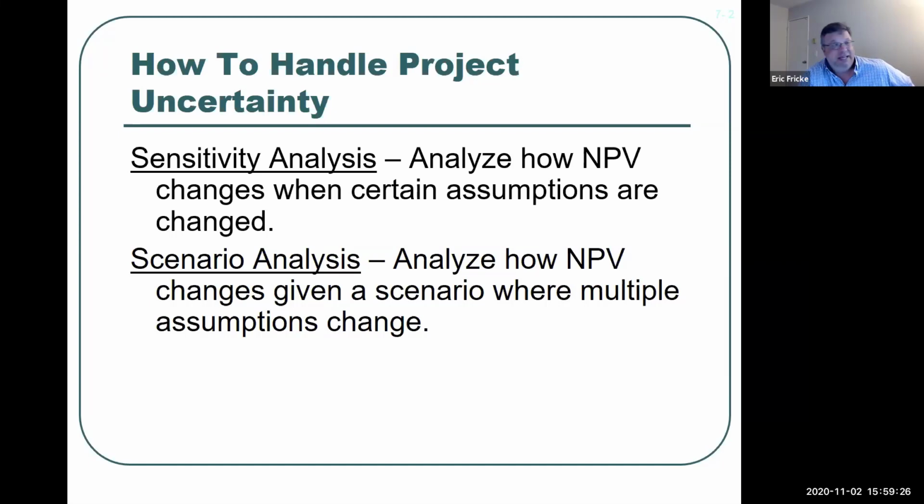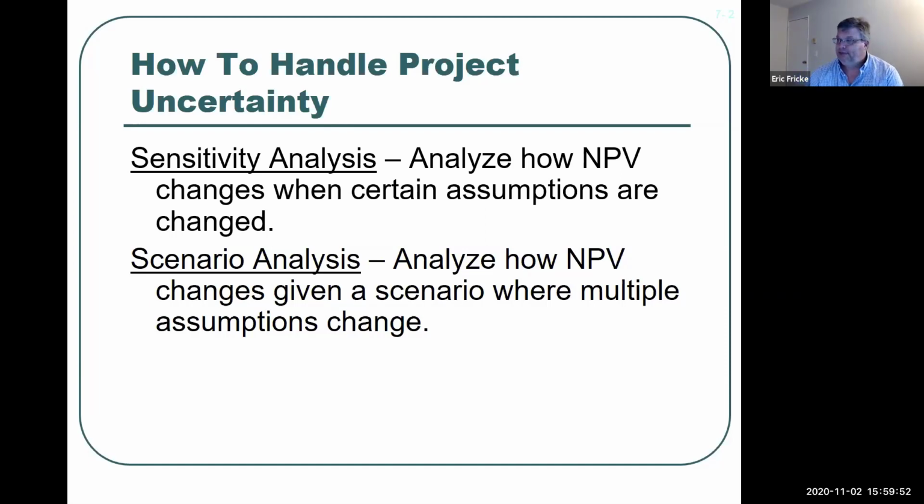Because think about it, in a pandemic, sales revenue is certainly going to be affected, but maybe SG&A costs are going to go down. Maybe you're not going to advertise as much. Maybe costs of buying things are going to be more expensive, or harder for you to get. So multiple things could change at the same time, and that's scenario analysis.